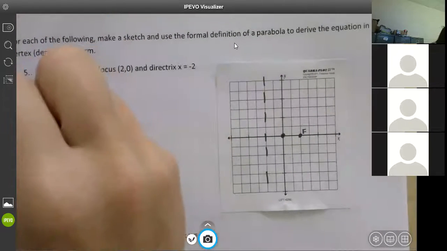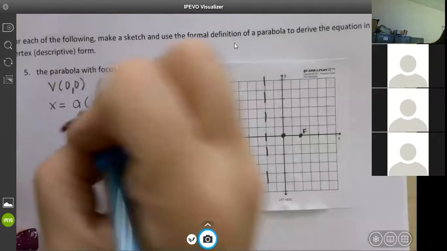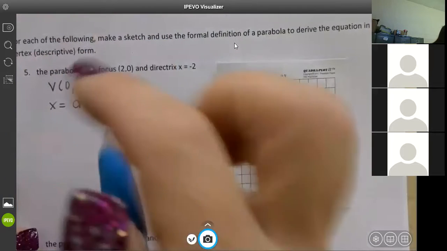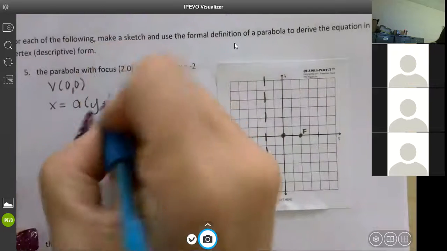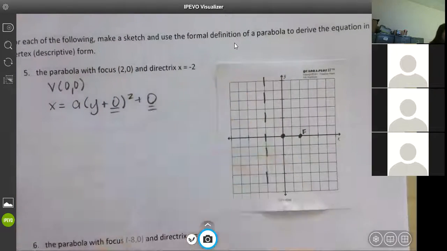Our equation is x equals, because it's left to right. What goes inside of parentheses? And then this is just your vertex. So don't forget that, because once we change that vertex, you've got to start thinking a little bit harder.